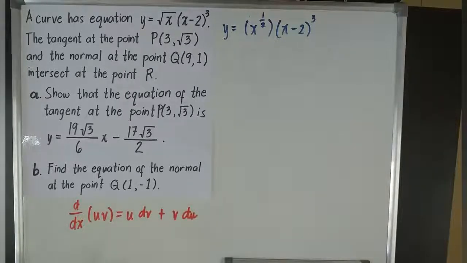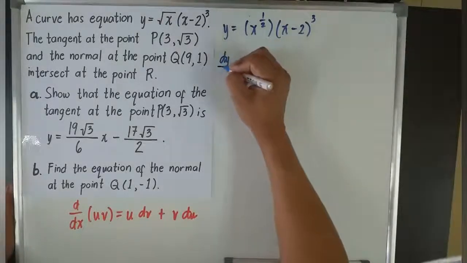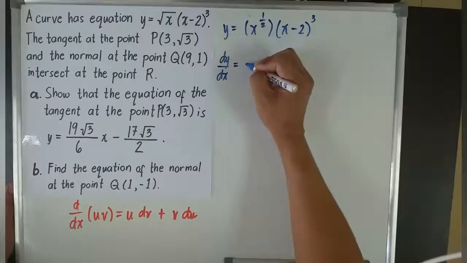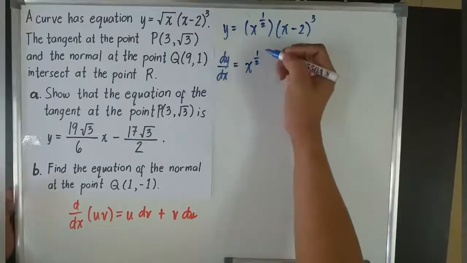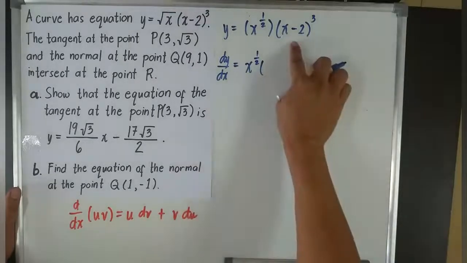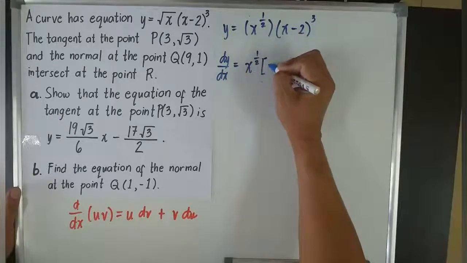I hope this is clear. So this will become now dy over dx is equivalent to x to the power of 1/2 times dv, the derivative of this. Let's put a big bracket.